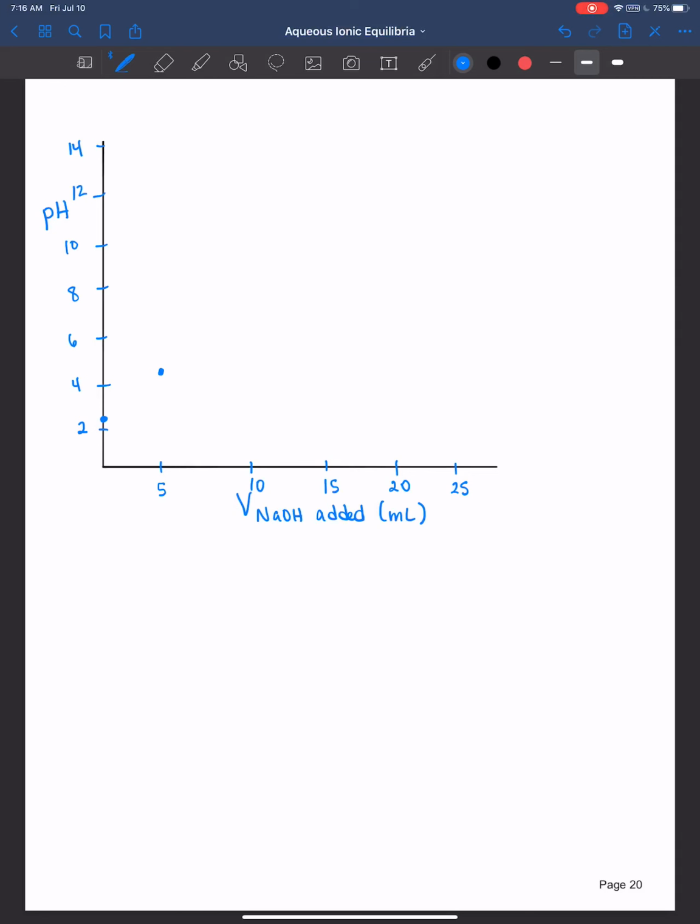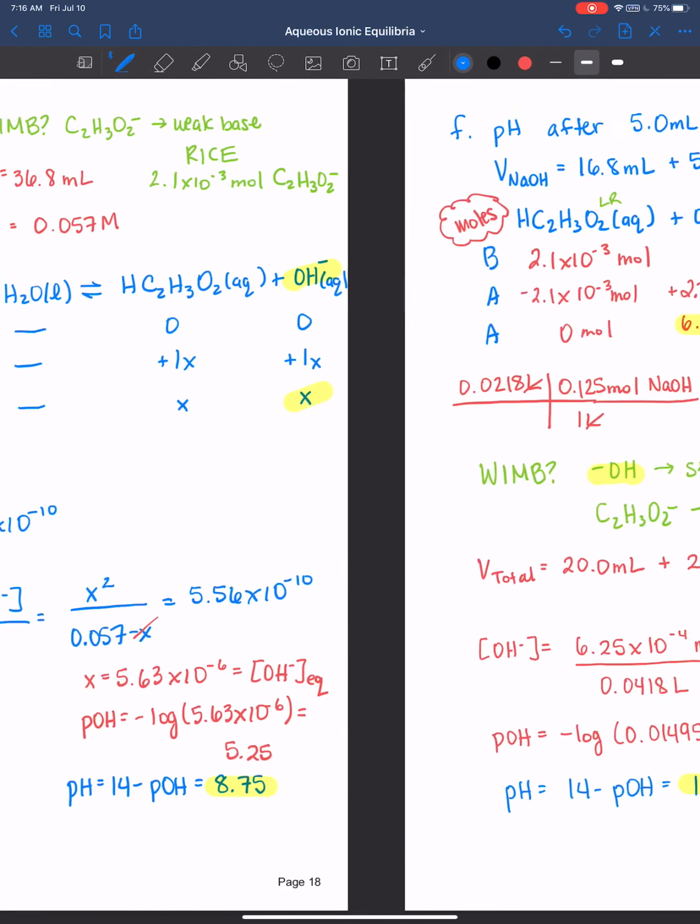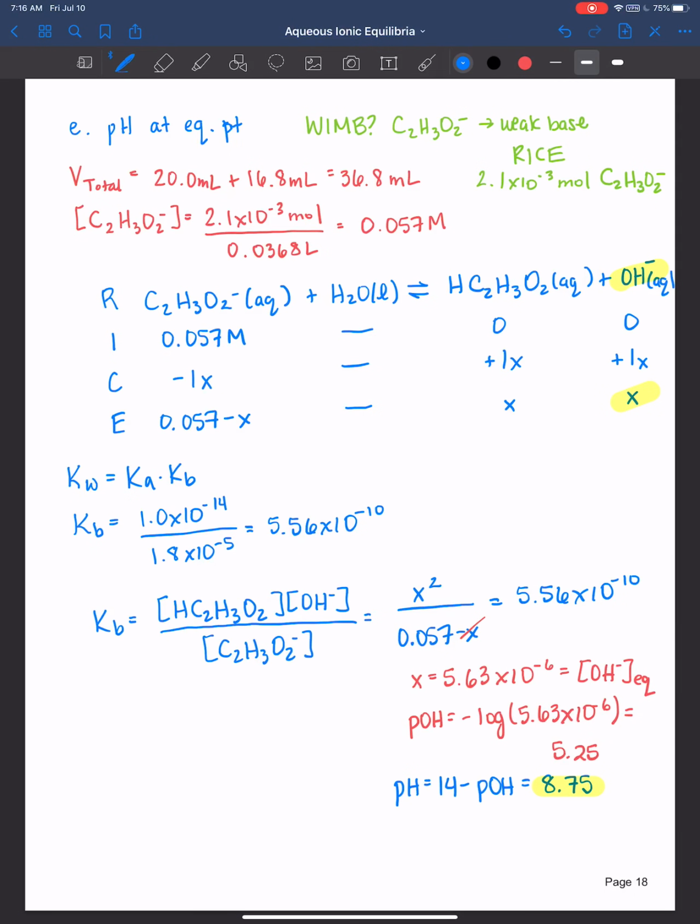At about half the equivalence point, we found it to be about 4.74. At the equivalence point, let's double check that again, it was 8.75.